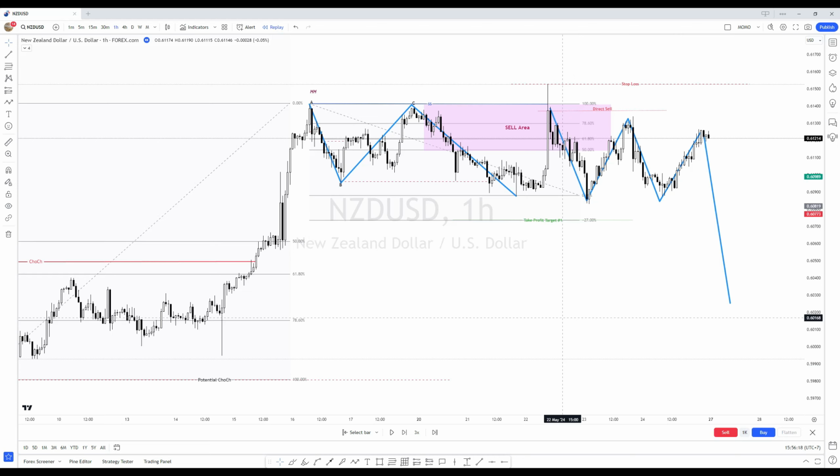So the main point here that I want to make clear is that if the ABCD pattern is broken by candle wick, I consider that pattern still valid. If the ABCD pattern is broken by candle body, I will consider the pattern invalid and I'm not going to take any further action or a second entry for my trade.